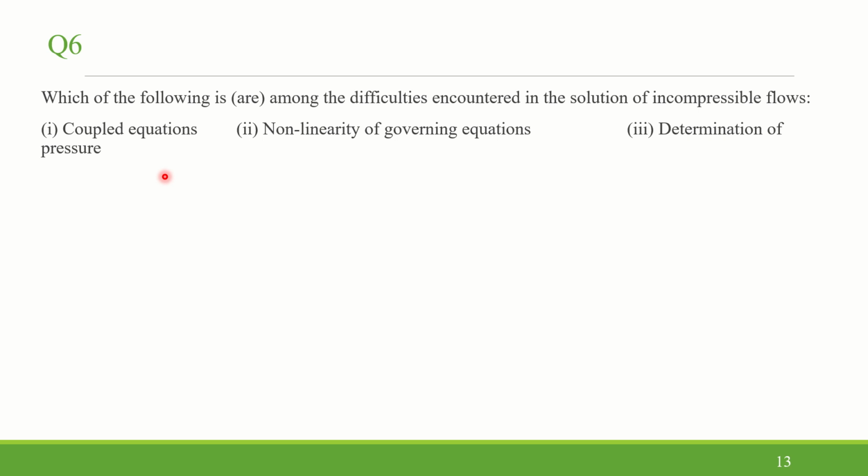It is non-linear because of one term in the momentum conservation equation, u dot delta u. The generalized form is dou u by dou t plus u dot delta u equal to nu into del square u plus g, rho g or some g.